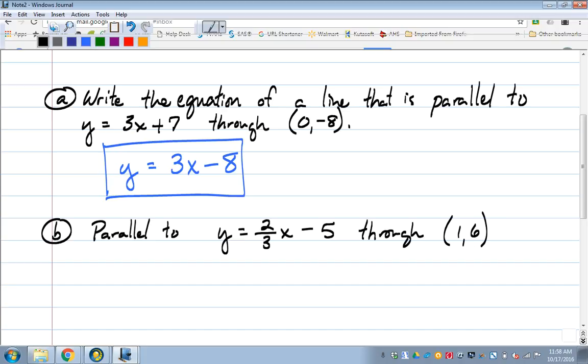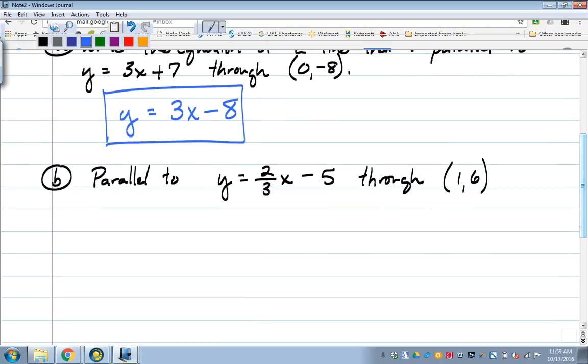What's the slope of my parallel line? 2/3. So now, do I have the y-intercept of my new line? I don't. I've got 1, 6. So that means I need to start in what form? Point slope form. So I'm going to say y minus 6 is 2/3 times x minus 1.